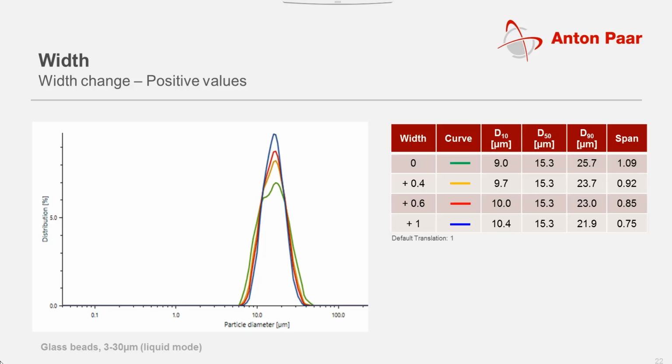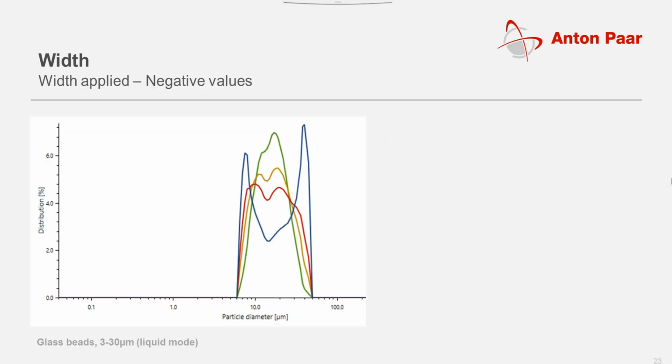You can read in the table how the D10 and the D90 change. D10 is increasing, D90 is decreasing at the same time, while the D50 is constant. This means that the particle size distribution is becoming narrow.